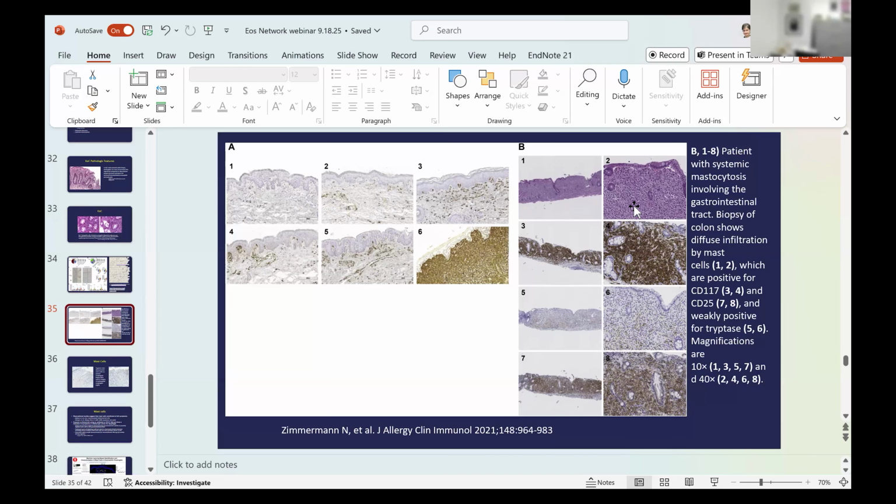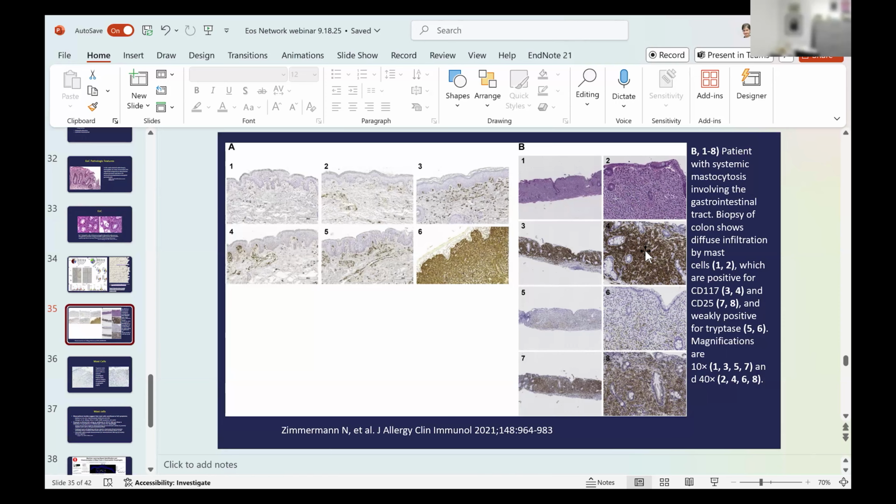And finally, mast cells. This panel B is from a recent publication about mast cells and diseases. And all of this here is populated by mast cells. And that's the GI tract, the colon biopsy, as a matter of fact.